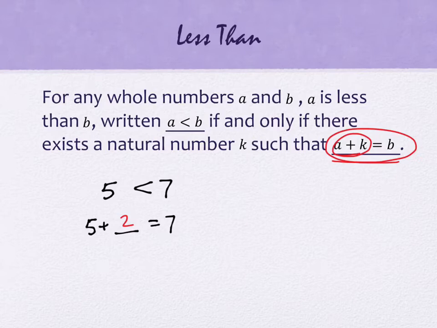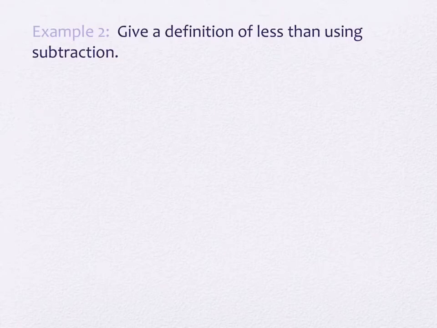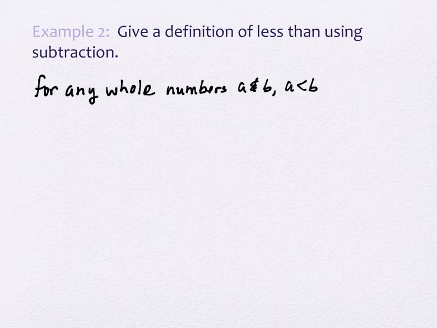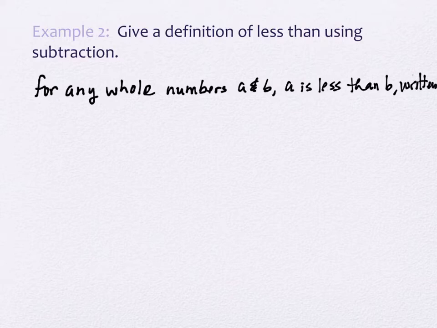For any whole numbers A and B, A is less than B. Hang on, these words first. A is less than B, written A less than B.